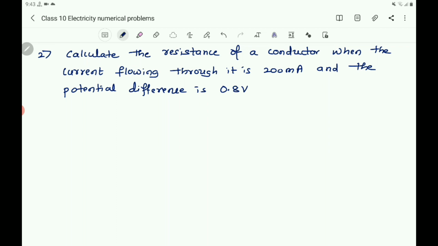Current is given, potential difference is given, and what you have to find out? We have to find the resistance of a conductor.